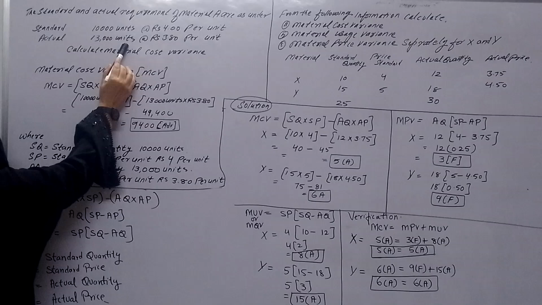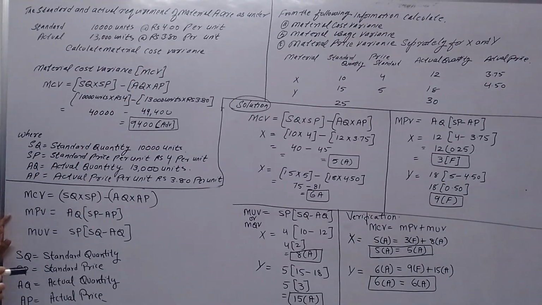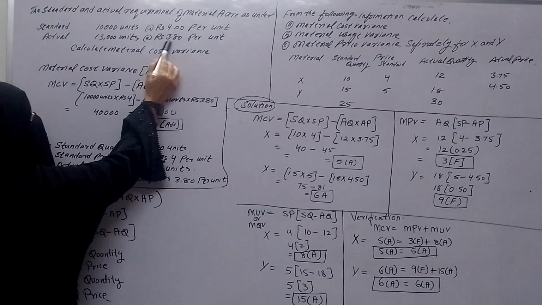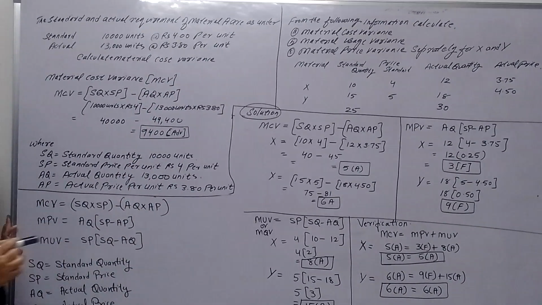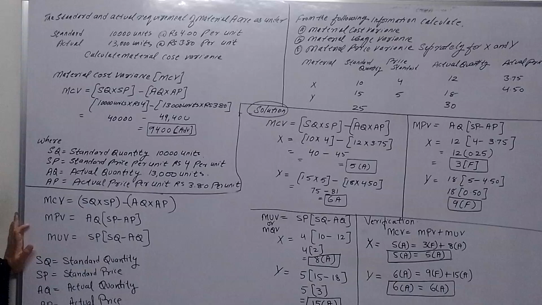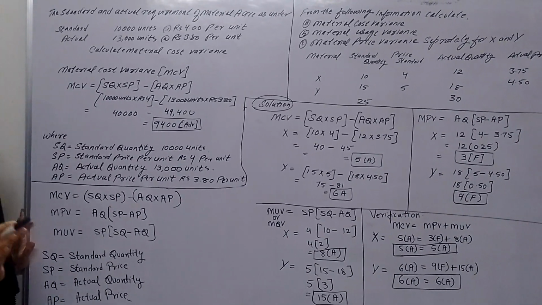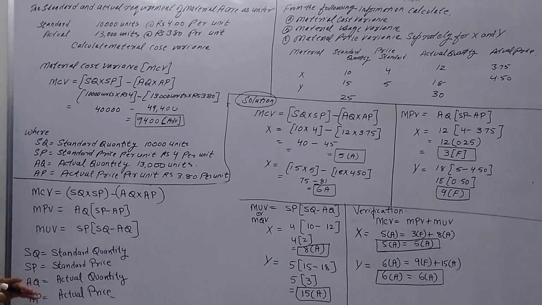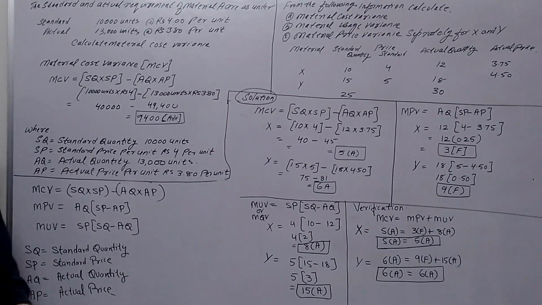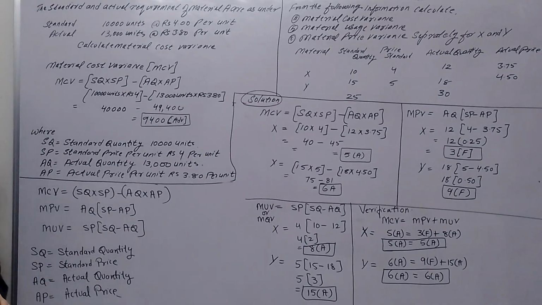Actual 13,000 units is the actual quantity, and 3.80 per unit is the actual price, that is AP. All the information is given; simply substitute in the formula. The formula for MCV is SQ into SP minus AQ into AP.